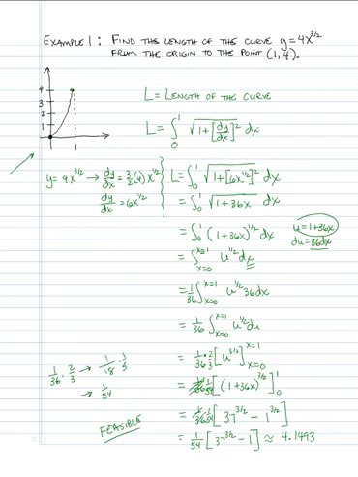It's got to be a little bit more than 4 units, because if we had a vertical line from the origin up to 4, that would be 4 units. This is curving its way up there, but it's really not very much of a curve, although I've exaggerated it. So it's feasible that our answer is a little bit more than 4 units.